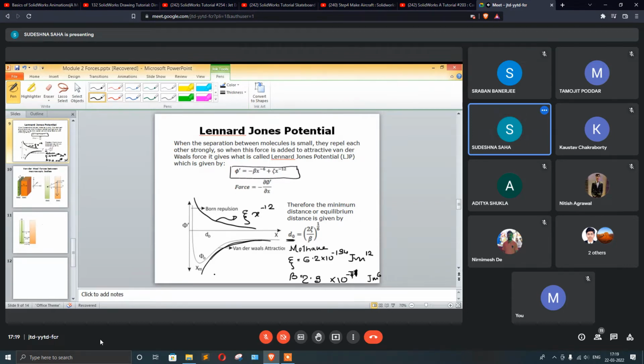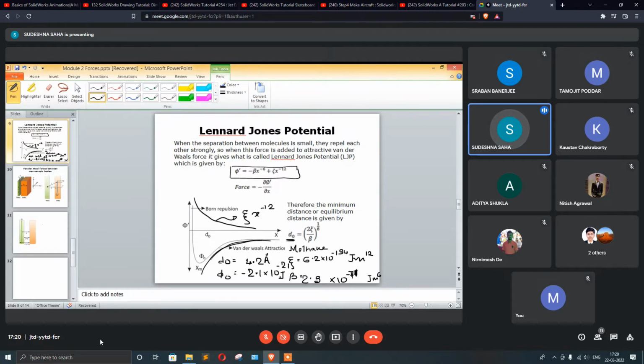If you put these values over here, you will obtain d naught equal to 4.2 angstrom, and then phi naught is around minus 2.1 into 10 to the power minus 21 joules.